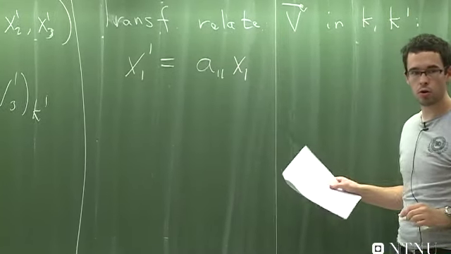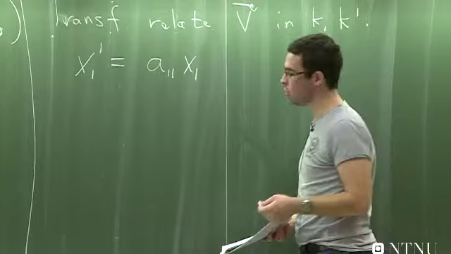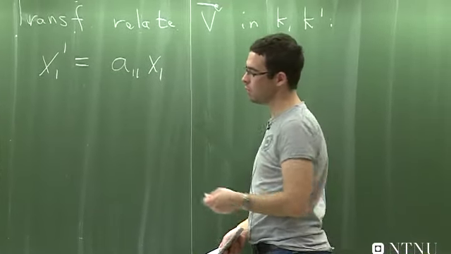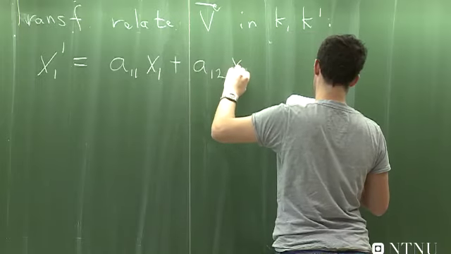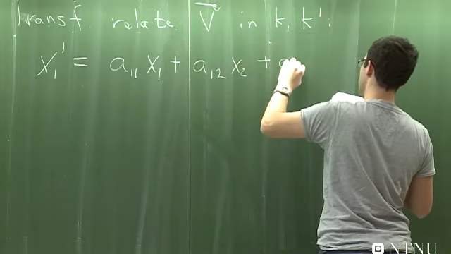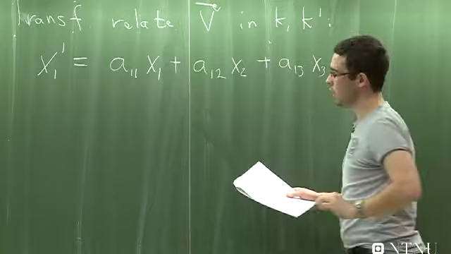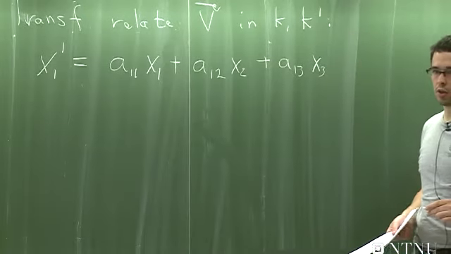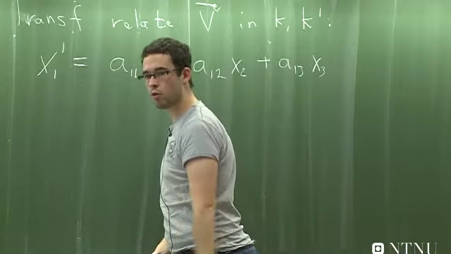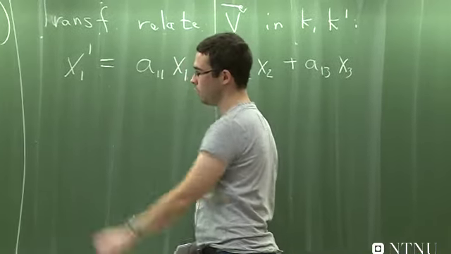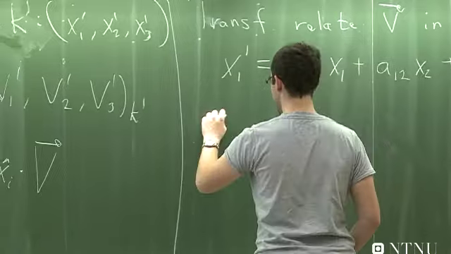First of all, it's some transformation coefficient times the first component in the not primed system. And similarly for the other two components in the system without the prime, in system K. And equivalently for all of these components in the prime system.